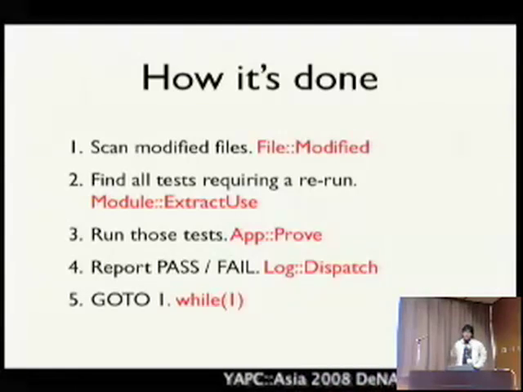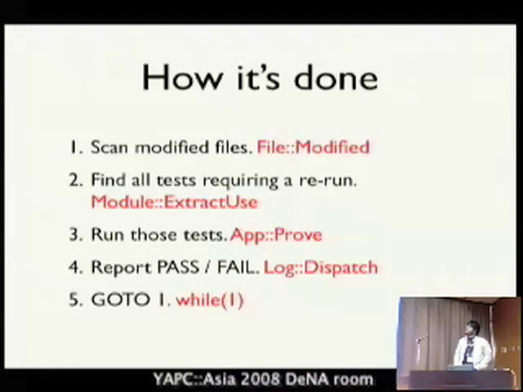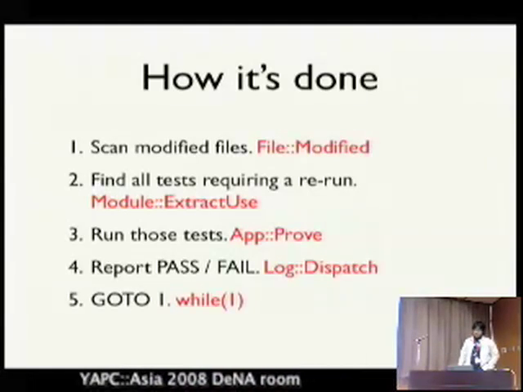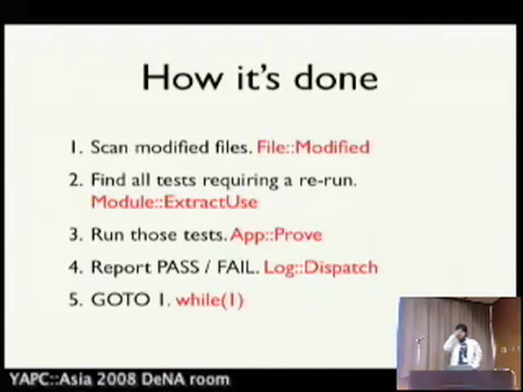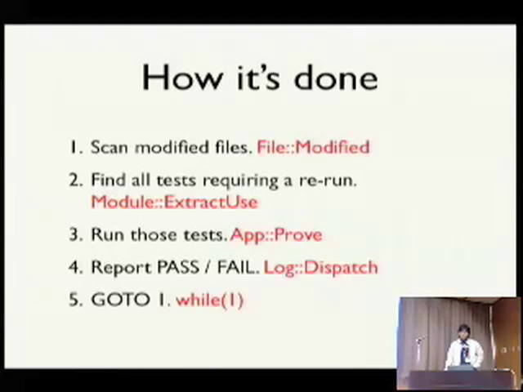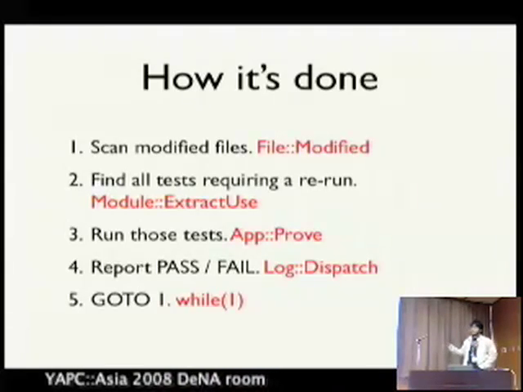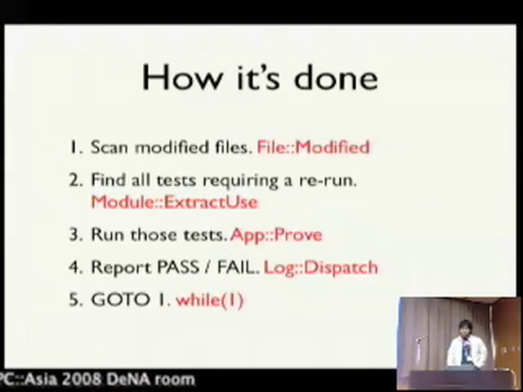It is regular expression-based, like static source code analysis, not runtime analysis, but it's good enough. Then there's a new application called App::Prove, which is basically a rewrite of the old test harness utilities on CPAN that is programmable. So I use it to run tests and then use Log::Dispatch to report if it succeeded or failed.